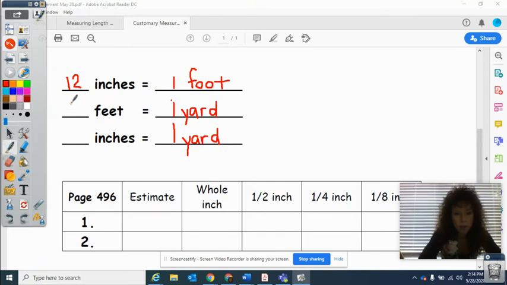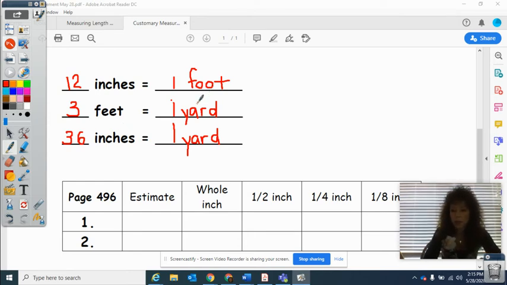So 12 times 3 is 36. So 36 inches are in 1 yard. So it's kind of helpful to know how to convert between inches and feet, inches and yards, and feet and yards.